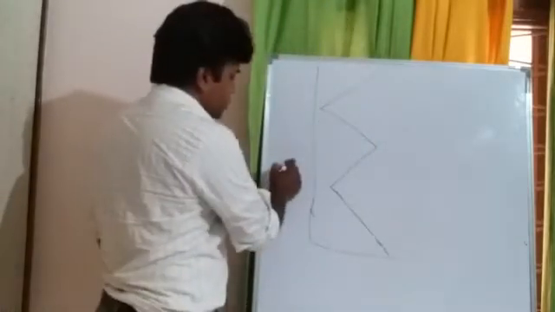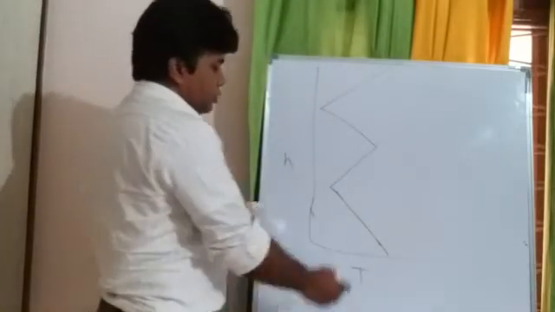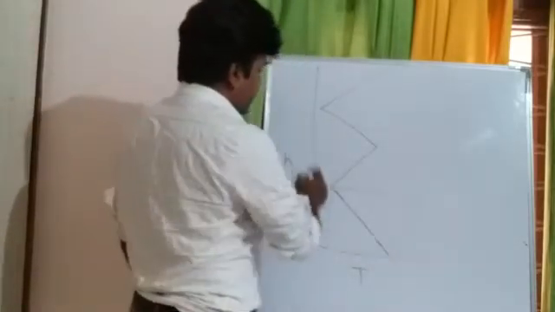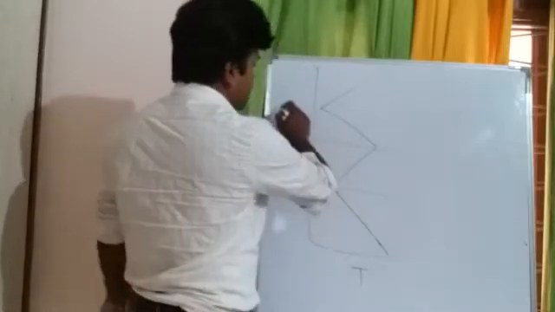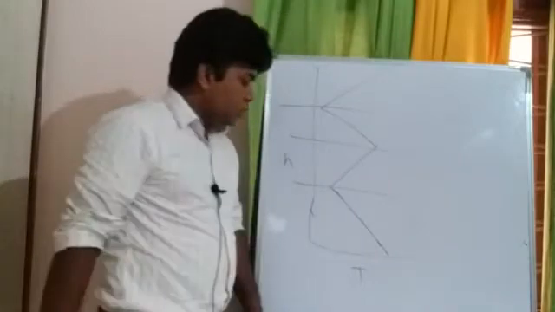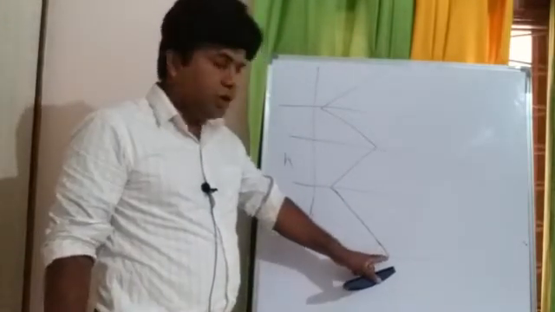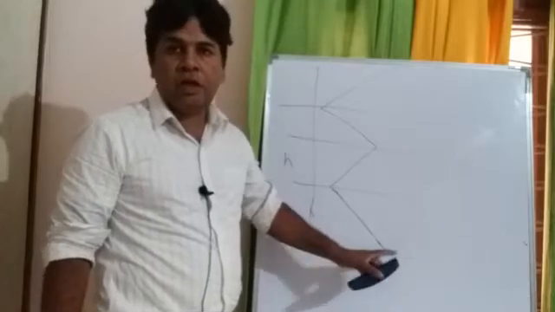So this is height, and on this axis you have temperature. This is the troposphere, this is the stratosphere, then the mesosphere, and then the thermosphere.